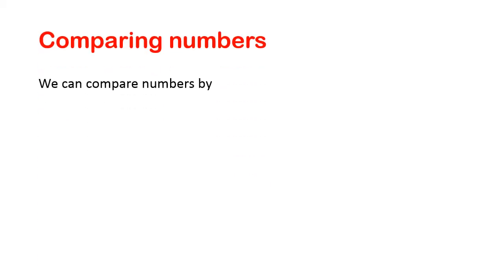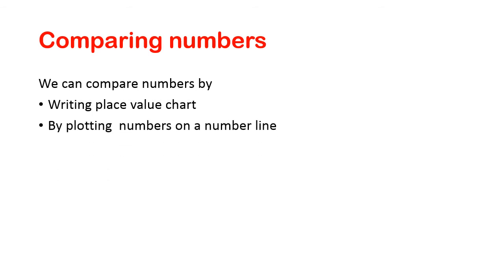Okay, we can compare numbers by these ways: writing a place value chart, plotting numbers on a number line, then making an abacus. So we can use these three ways. Okay, today we are going to use only one way, that is writing a place value chart.